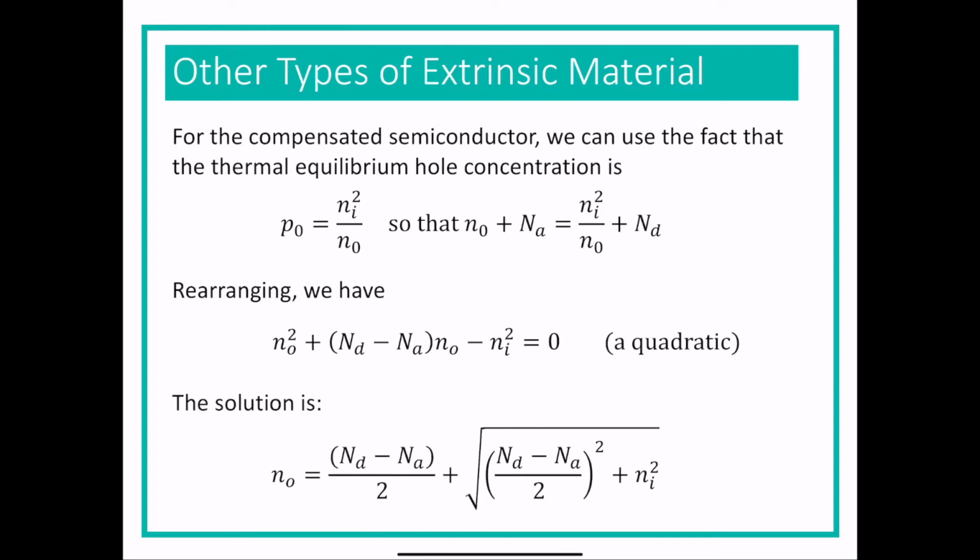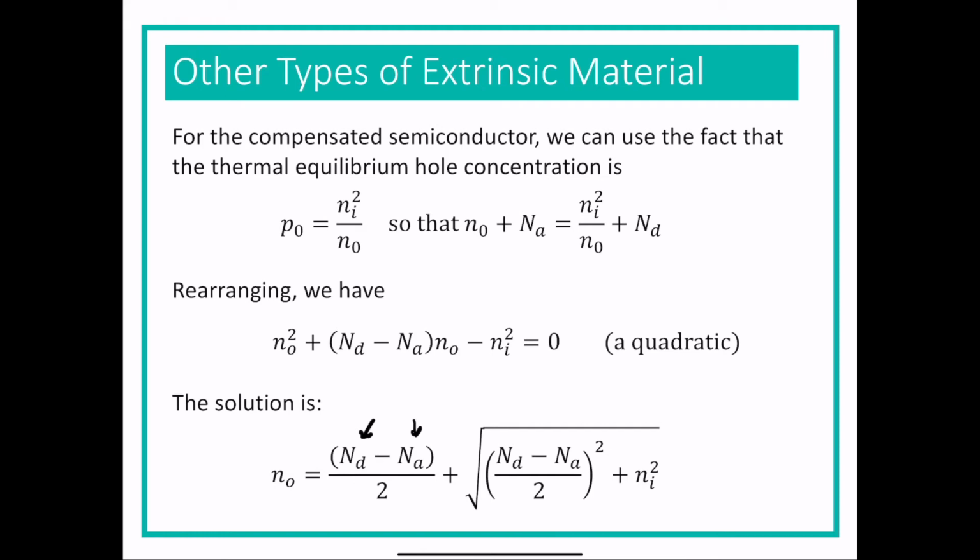So I want to stop for a second and actually look at this equation. First of all, if the number of donors is several orders of magnitude or even a couple orders of magnitude greater than the number of acceptors, if you subtract a number an order of magnitude smaller from a number, you're basically just going to get the original number.